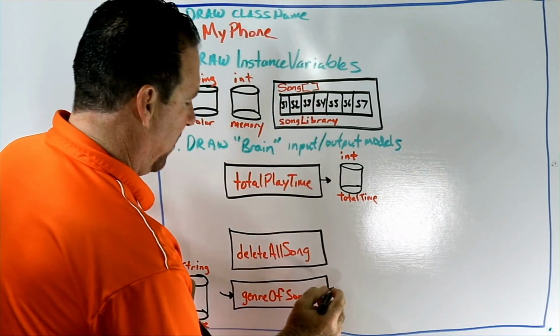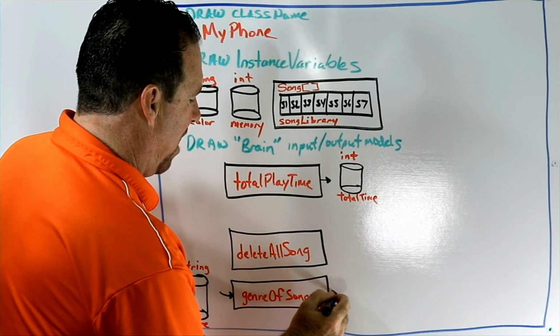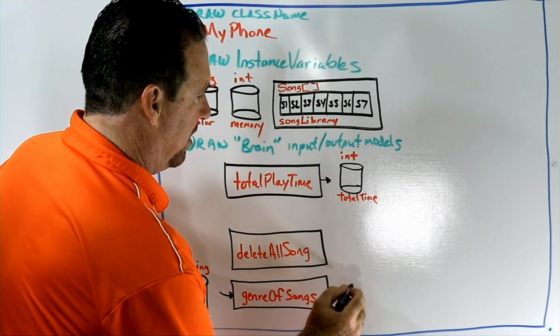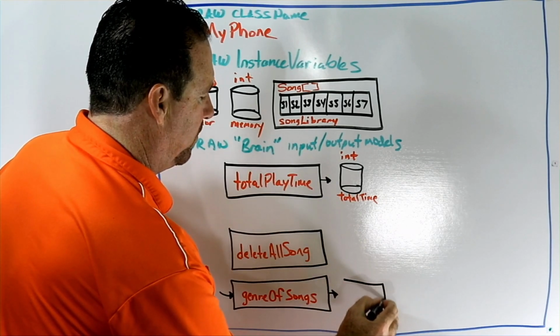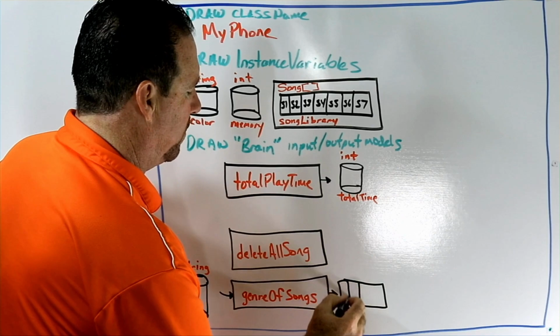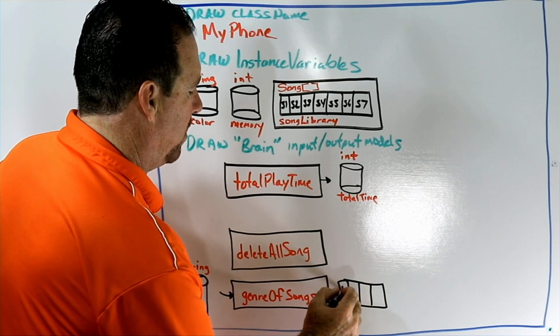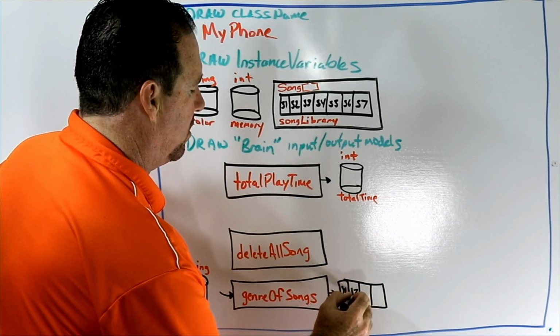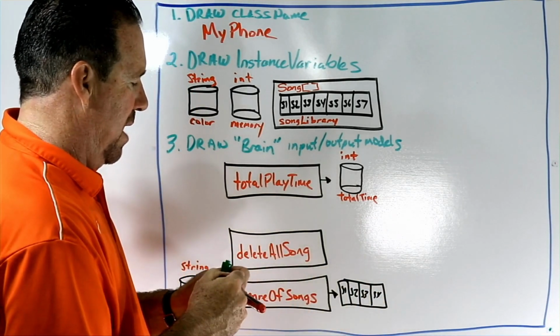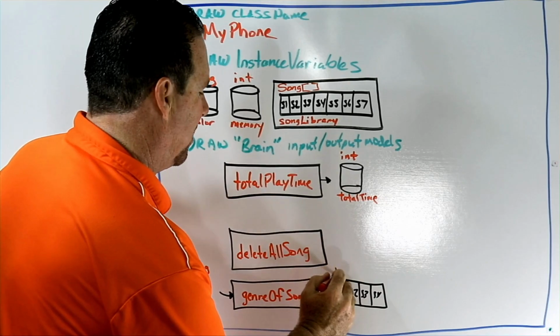Okay, it'll have an output of songs. It'll go through your library and figure out a certain genre, and it'll have an output. And in this one, let's have an output of an array list. Okay, so that's song 1, song 2, song 3, and song 4. And this would be of type array list.